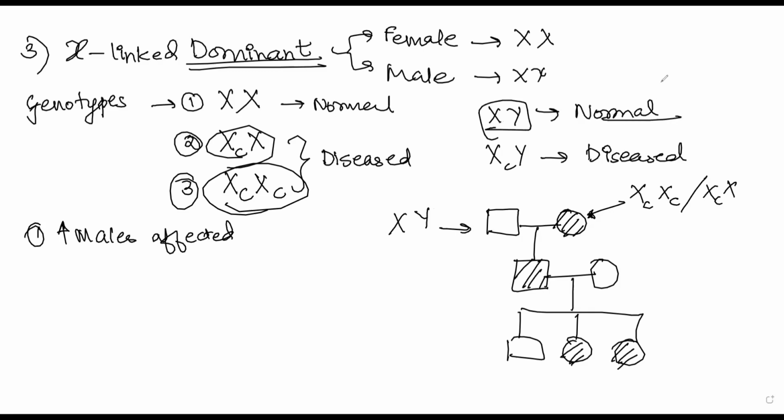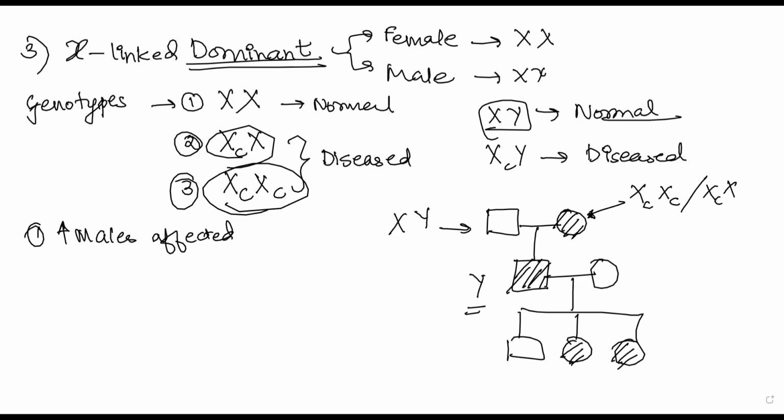XY, because there is only one possibility for the male to be normal, that is if it has XY. Now, if any sex is a male, definitely the Y chromosome comes from the father, right? So for all males, the Y chromosome comes from the father. So what remains is the X chromosome.